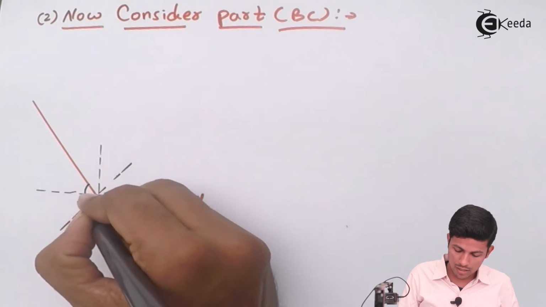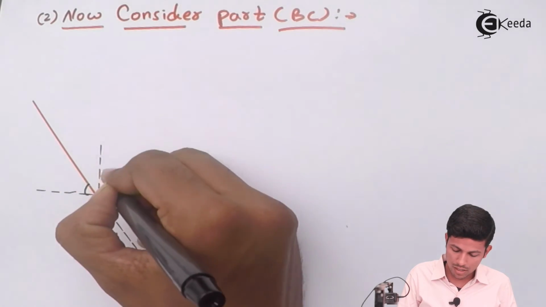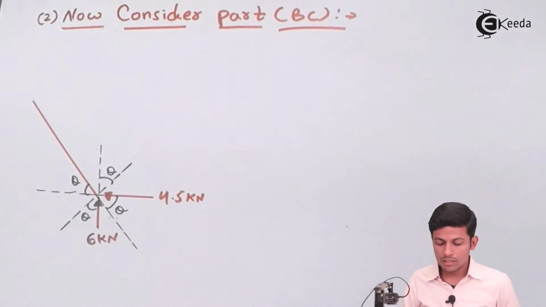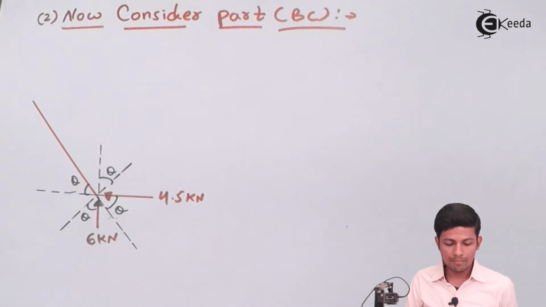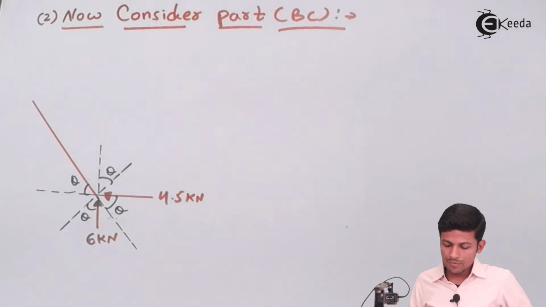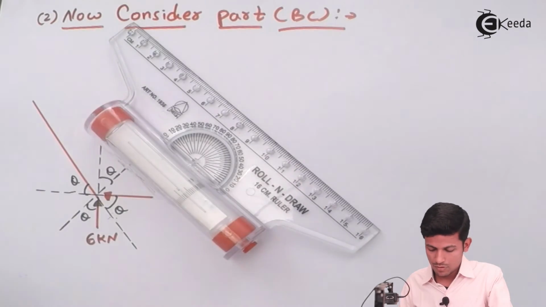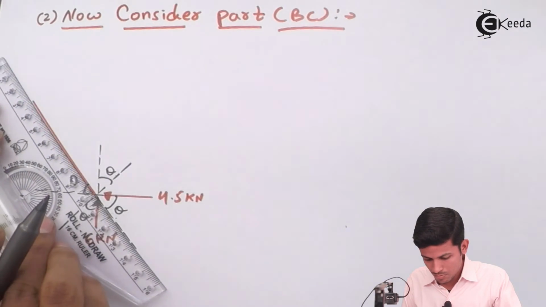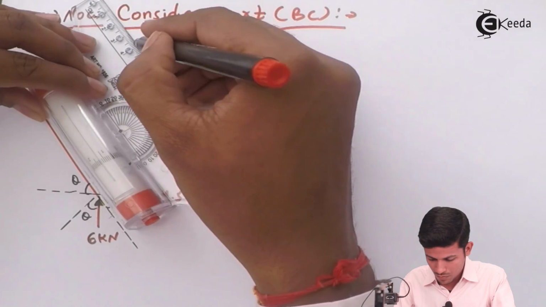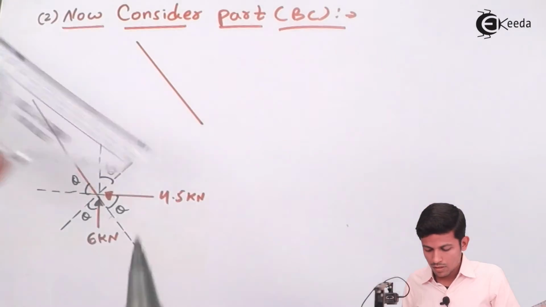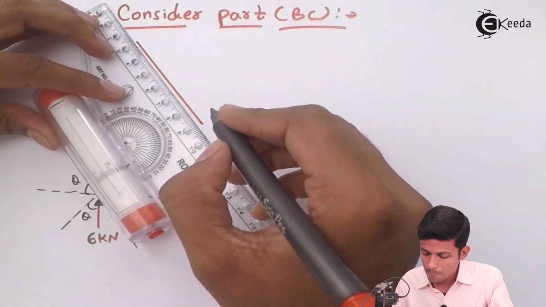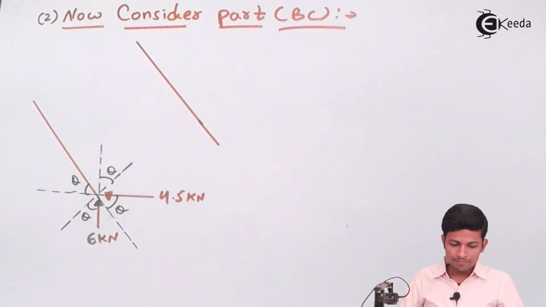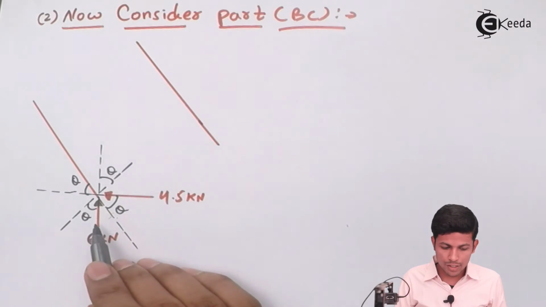See, this will be your theta, this is your theta, this is your theta, and this is your theta. These are all thetas, as alternate angles are the same. Now this 6 will be resolved.